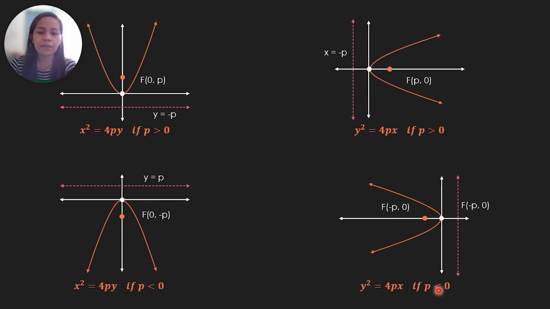So, kung ang imong p is negative, this means your parabola is opening to the left. Okay, so familiarize yourself with these different situations, equations, and conditions para mas dali ninyo mag-graph ang parabola based on the given value of your p and on the equation.